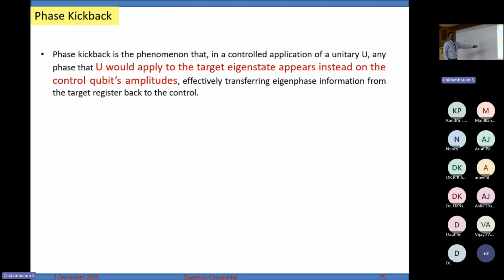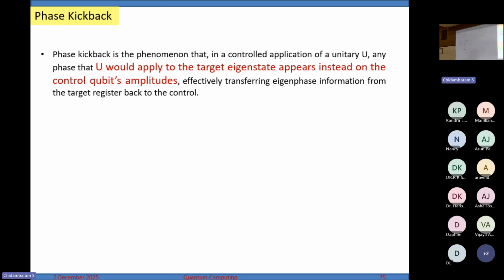What happens in phase kickback is that you have a unitary U, and any phase that you would apply to the target state, rather than appearing on the target, appears on the control qubit. This is called phase kickback.